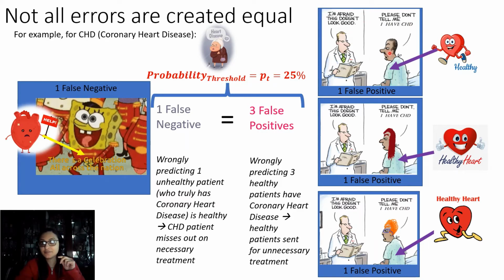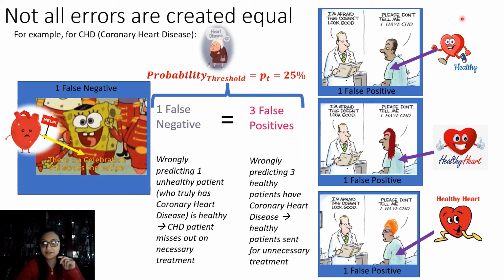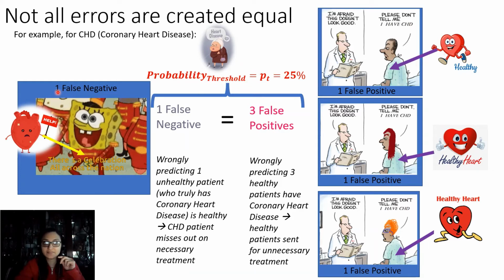And all three of these patients are saying, please don't tell me I have CHD. They actually have healthy hearts, and now they'll be sent for unnecessary treatment. And at this probability threshold of 25%, the doctor is so scared of having a false negative. Essentially, in his, her, or their mind, this mistake here is equal, if not worse, than these three mistakes.